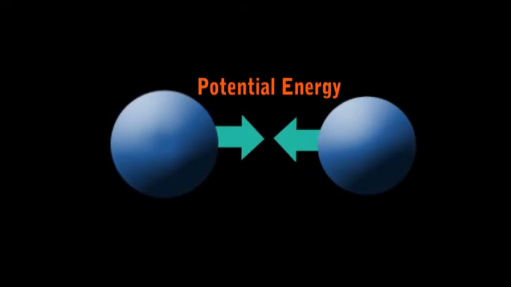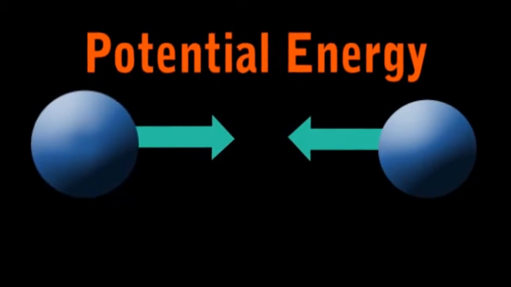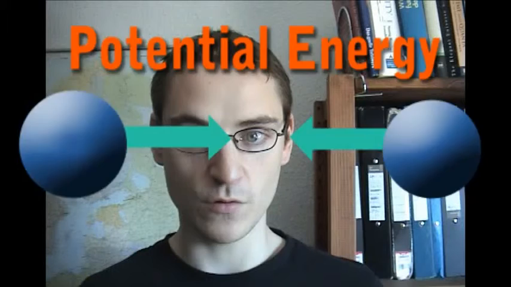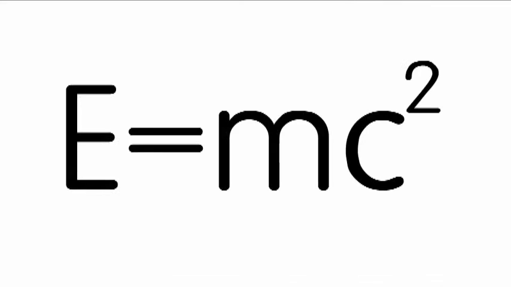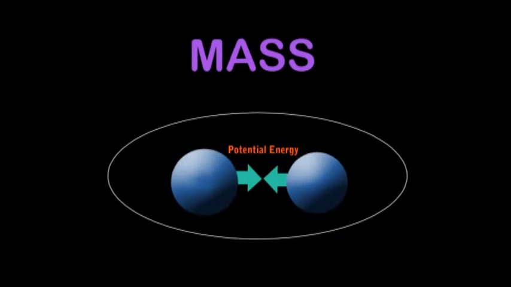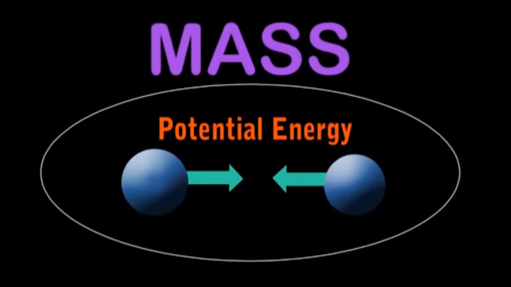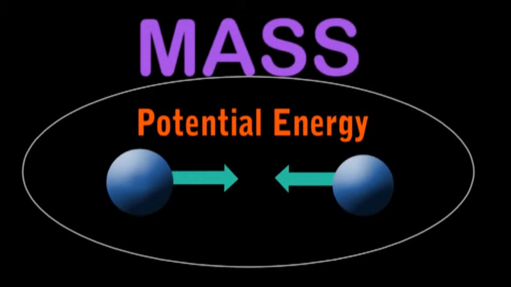But that's not the point. The point here is that the particles which are being pulled apart store up potential energy. And as we know from Einstein's E = mc squared, energy and mass are interchangeable. So in actual fact, pulling particles apart increases the overall mass of the system.